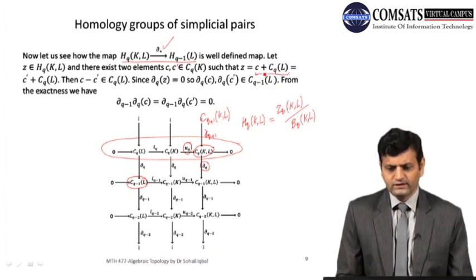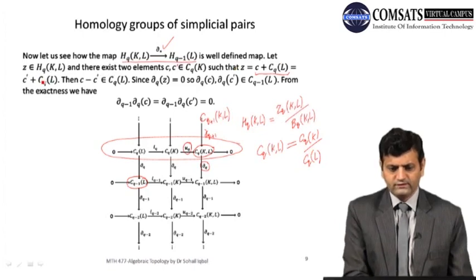Because we know that C_q(K,L) is equal to C_q(K) quotient with C_q(L), so the elements of C_q(K,L) are of the form elements of C_q(K) plus C_q(L). From the equality c plus C_q(L) equals c' plus C_q(L), we can say that c minus c' belongs to C_q(L), and also ∂_q of Z is equal to 0.